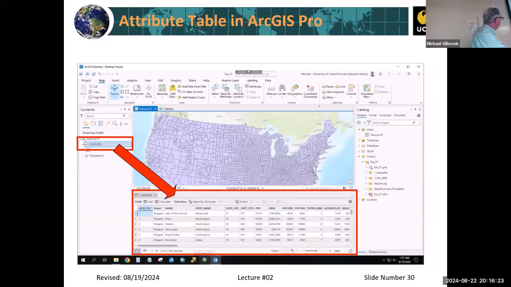And here we have a table where we've got the name of each county right here, the state that it belongs to, some codes that represent the state and county, how big it is in square miles, what its population per square mile is, how many households, how many males, females, and that goes on and on and on. There's about 30 columns of data associated with those counties. So there's a lot of information for each county. There's roughly 3,197 counties in the United States, so it's a lot of data.